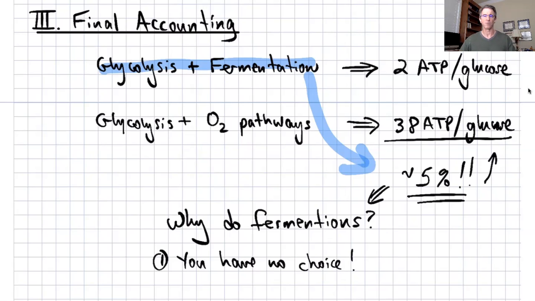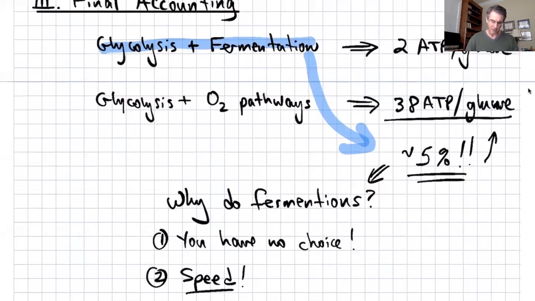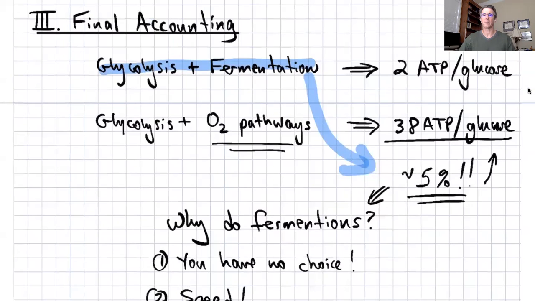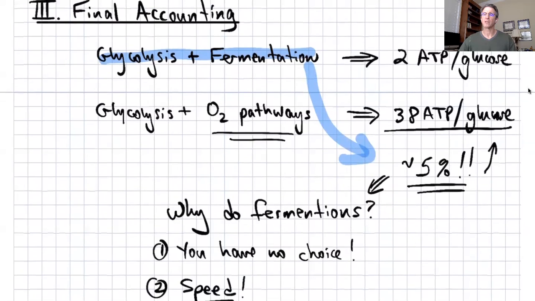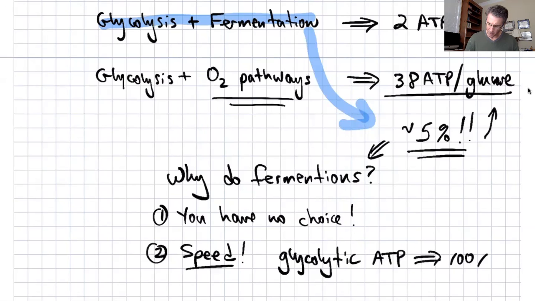There's another important reason why cells would do this, and it has to do with speed. Yes, these oxygen-dependent pathways are dramatically more efficient, making much more ATP per glucose, but they're also relatively slow. By comparison, the glycolytic production of ATP can run at about 100 times the rate of those oxygen-dependent pathways.